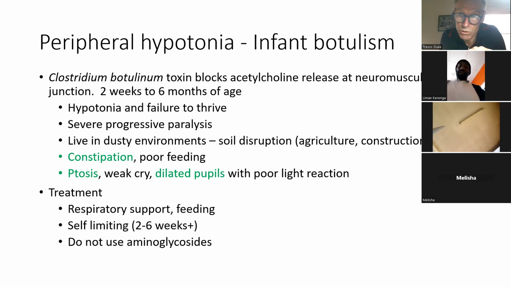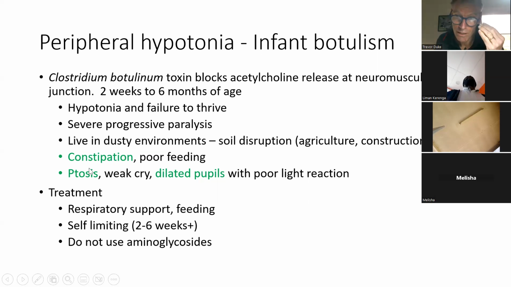And it's caused by Clostridium botulinum toxin, not Clostridium tetani, but Clostridium botulinum. And it occurs quite commonly in babies who live in dusty environments, like where there's been agriculture or the construction industry is on. And they usually present with the hypotonia and failure to thrive and constipation.